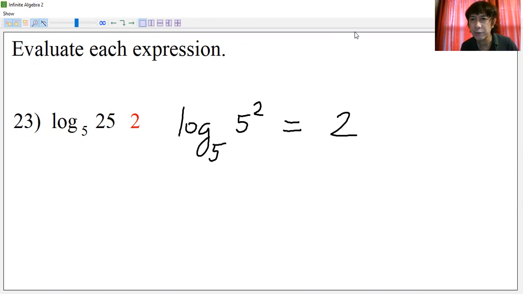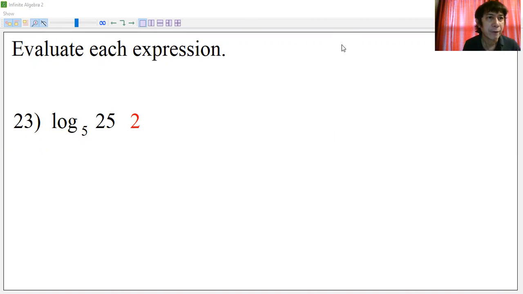All right, let's continue with the rest of the lecture examples. Number 24 now. Okay, here is logarithm of 16, base 2. The 2 and the 16 are related by powers of 2.